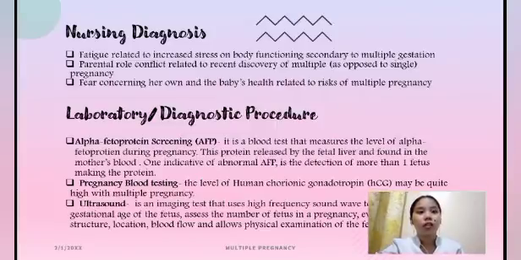Next is the ultrasound. It is an imaging test that uses high-frequency sound waves to identify the gestational age of the fetus, assess the number of fetuses in a pregnancy, evaluate the placental structure, location, and blood flow, and allow physical examination of the fetus.